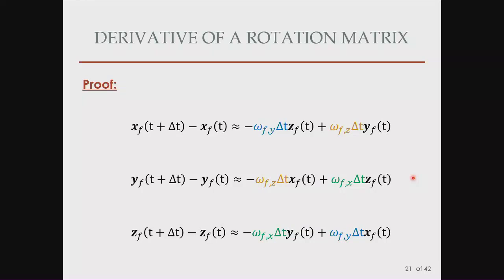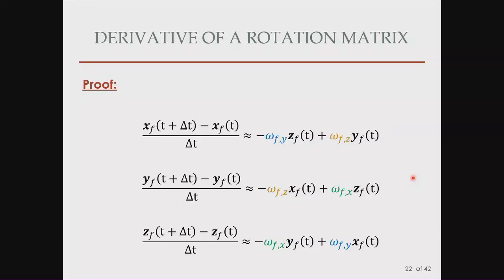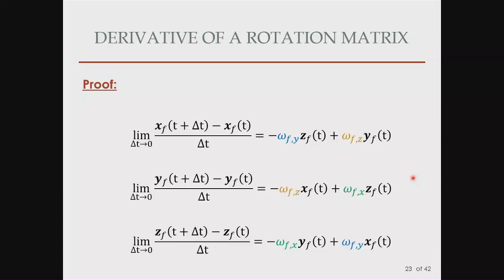Maybe you can already see what's going on. Next step would be to divide by delta t. Why is it approximated here and not equal? Because so far delta t is just a small value, but not yet approaching 0. So I just approximated the lines with the arcs. When delta t is approaching 0, then I can move to equal.